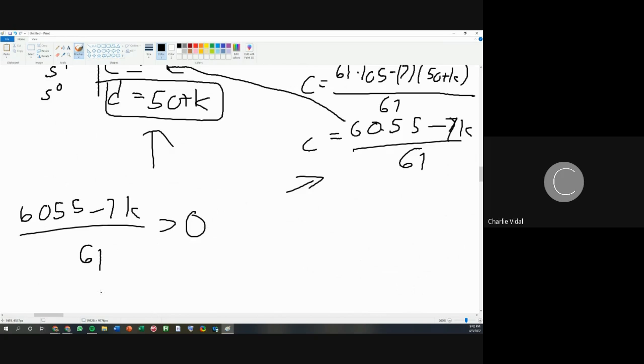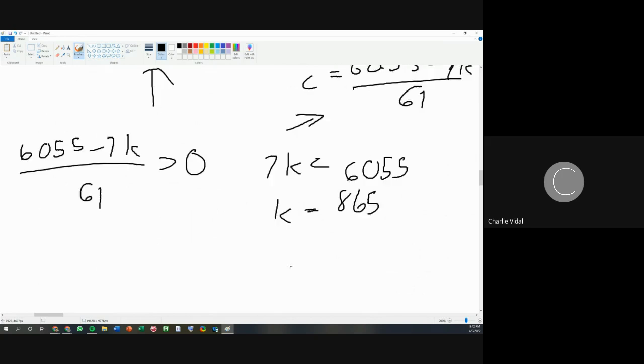If you multiply by the 61, it is multiplied by 0, so that goes away. You add the 7K, so it becomes 7K is less than 6055. And then K is equal to 865.